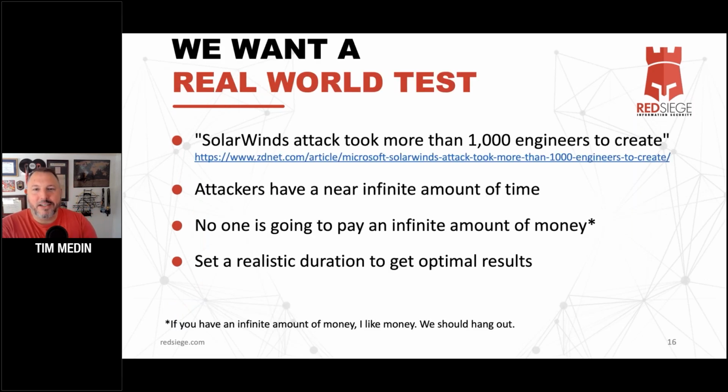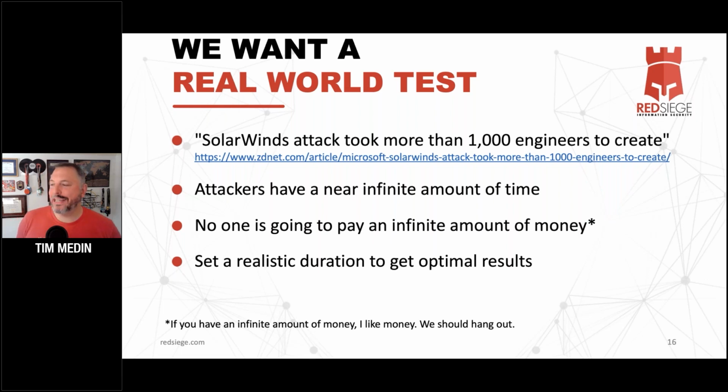Other times I talk to potential targets, and they say, "We want a real world test." Cool. What does that mean? The real world. Okay. According to the stats, the SolarWinds attack had 1,000 engineers to create the code.